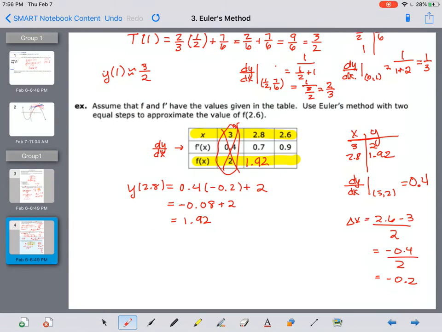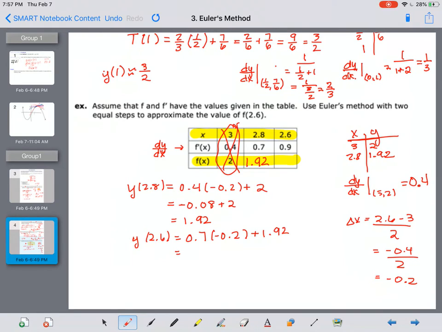So our slope there winds up being 0.7. So now to calculate y of 2.6, I start with my slope, which is 0.7. That's coming from that middle block that's not highlighted, times my change of x, which is negative 0.2, and then of course plus the 1.92 from the point that we just found.